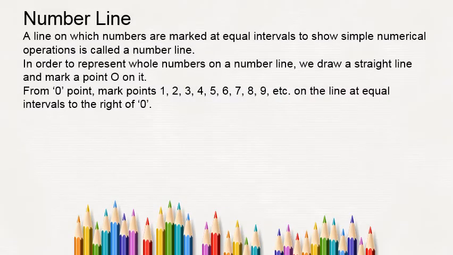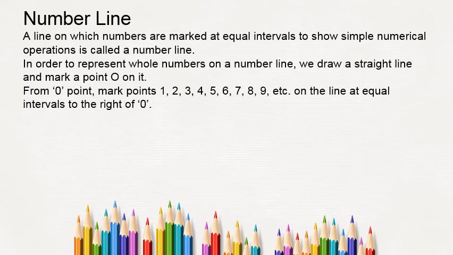Then we go on to a number line. A number line is a line on which numbers are marked at equal intervals to show simple numerical operations, and this is called a number line. In order to represent whole numbers on a number line, we draw a straight line and mark a point 0 on it.